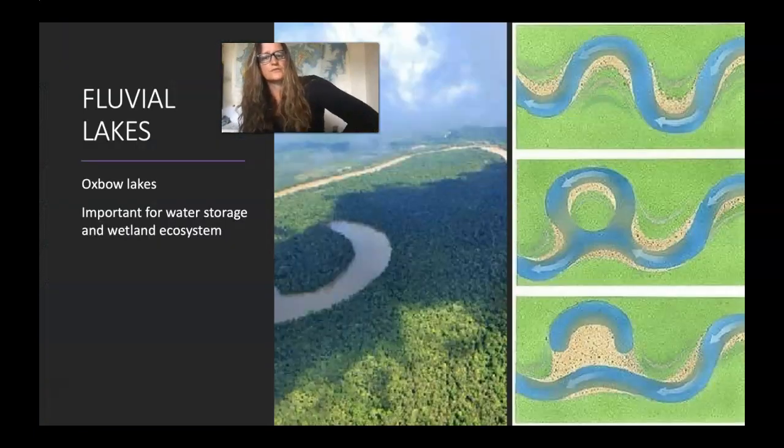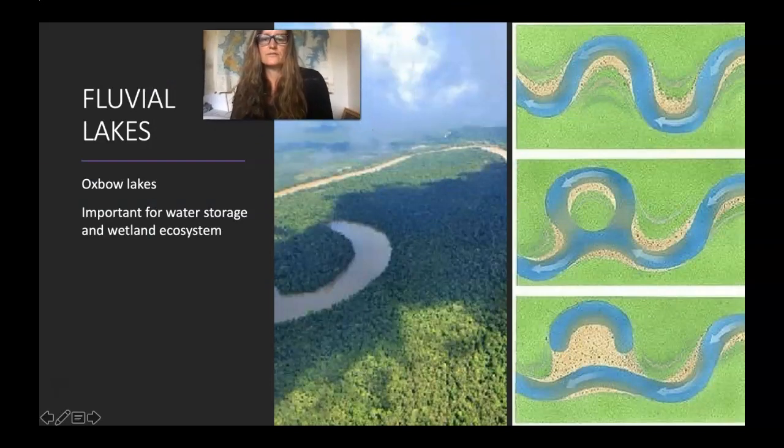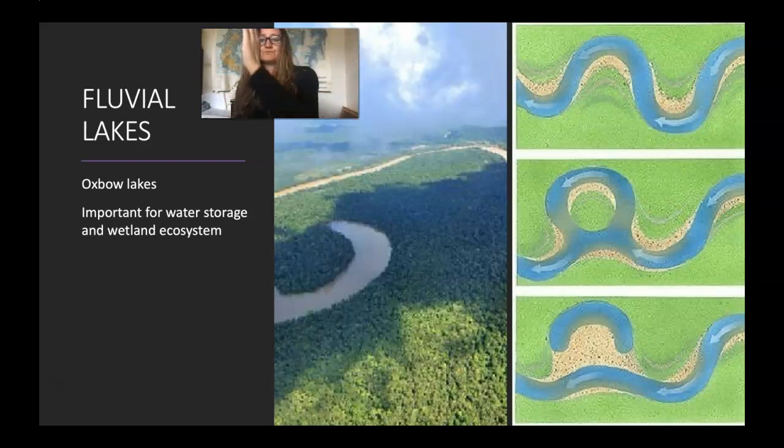Next up are the fluvial lakes. And the best example of that is an oxbow. Rivers are usually classified as being braided streams or meandering streams. So this is for the meandering streams. You have meanders in a river, and the river channel is going to migrate towards the outside of that bend, towards the cut bank as the point bar grows.